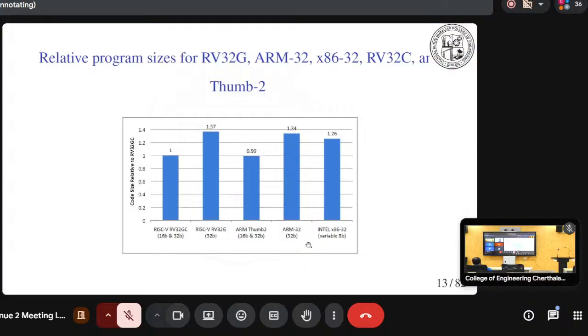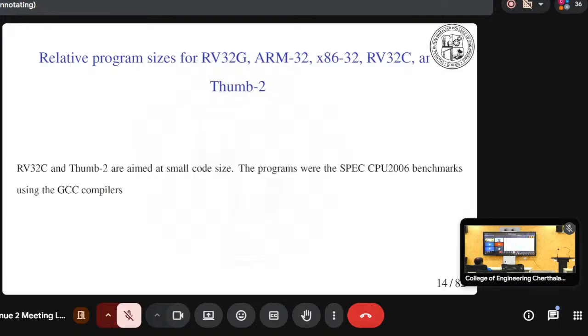Whereas the regular ARM32 architecture is 1.34 and Intel x86 is 1.26. So it is almost comparable, right? The RISC-V code size and the ARM-based code size are almost comparable. There are no issues.